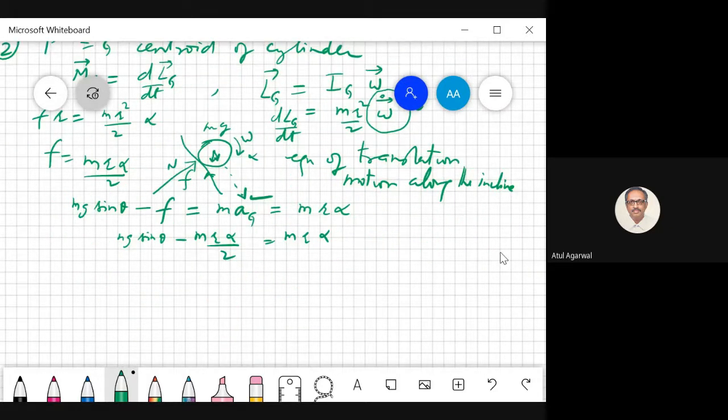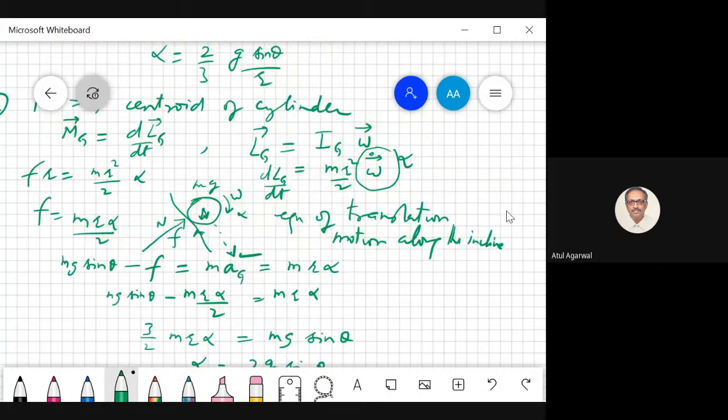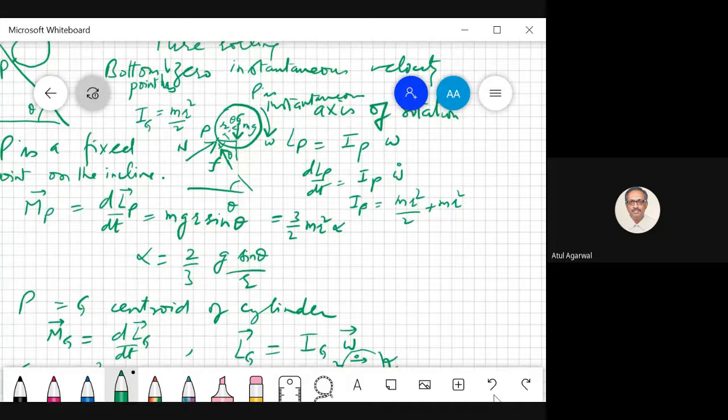So what do you get? 3 by 2 m r alpha is equal to mg sin theta. What is your alpha? So 2 by 3 g sin theta by r.